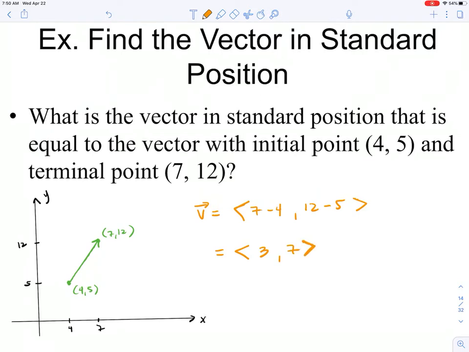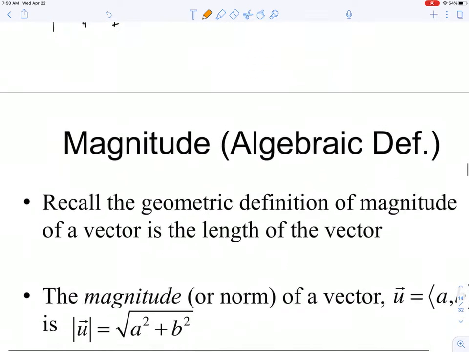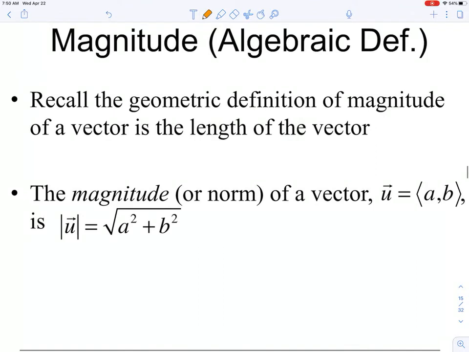So that would give us 3 as the horizontal component and 7 as the vertical component for the vector that would be in standard position. And remember, those pointy brackets indicate that the vector is in standard position.